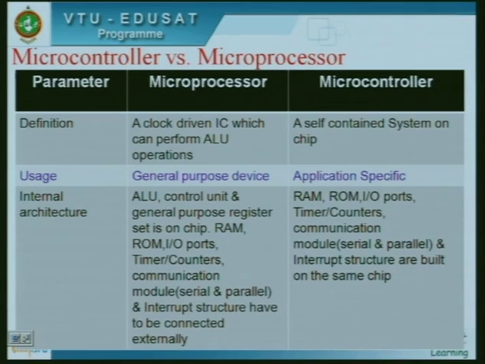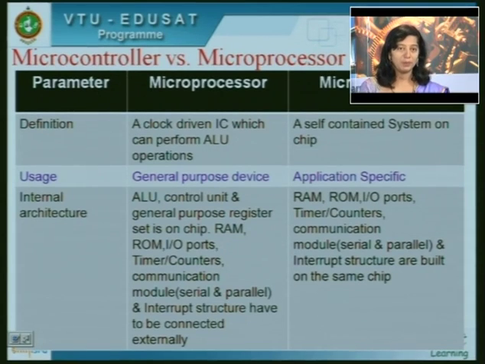The next parameter is usage. As I have already mentioned, a microprocessor is used for general purposes. Anything we want to do with a microprocessor, you can design your application and use it. It is a general purpose device, available as a general purpose programmable board where you can type in your instructions as a program and execute them.